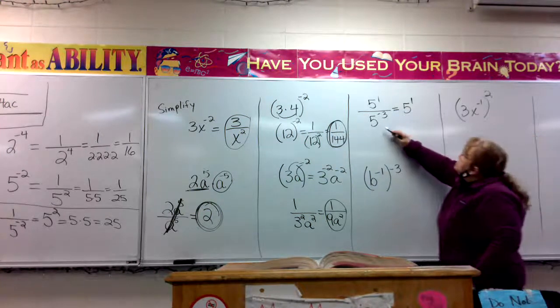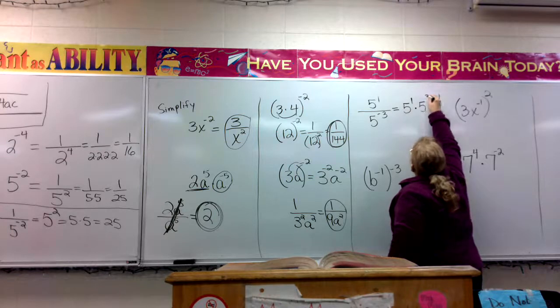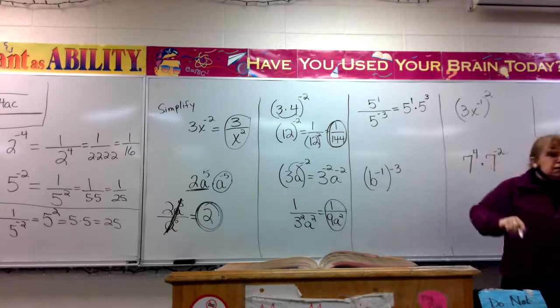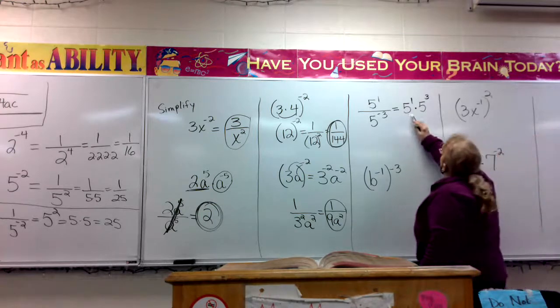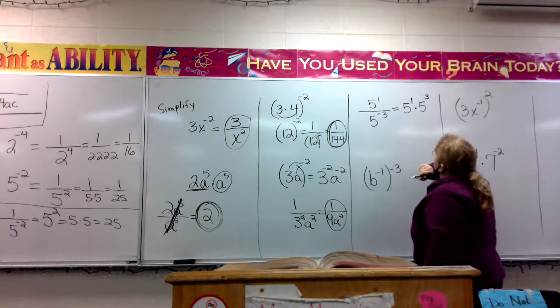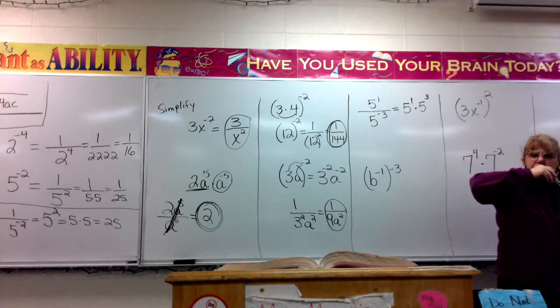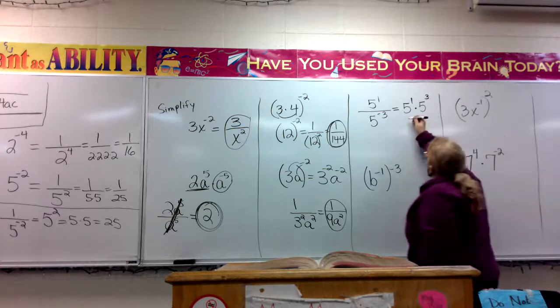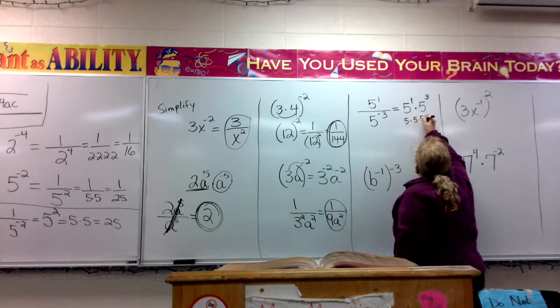So this is negative in the bottom. We're going to bring it up and make it a positive. Now what do we do? I've got 5 to the first times 5 to the third. What do you do to those exponents? This is a 5, that's a 5 times 5 times 5.